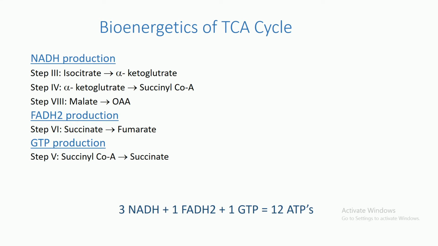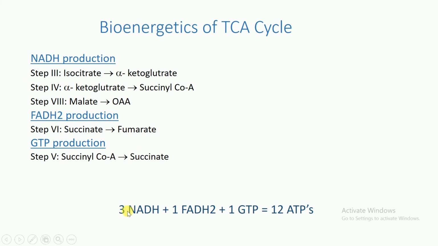Now coming to the bioenergetics of the TCA cycle, as I have just discussed, there is production of 3 NADH at steps 3, 4 and 8, whereas there is production of 1 FADH2 molecule and 1 GTP.